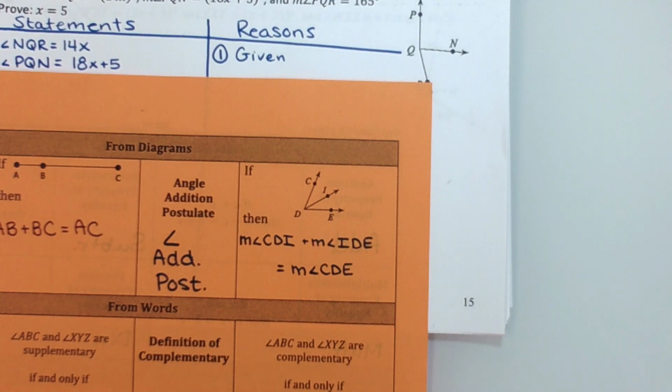Much like when doing segment addition postulate, with angle addition postulate you have to do the letter E version before you can do the algebra E version.